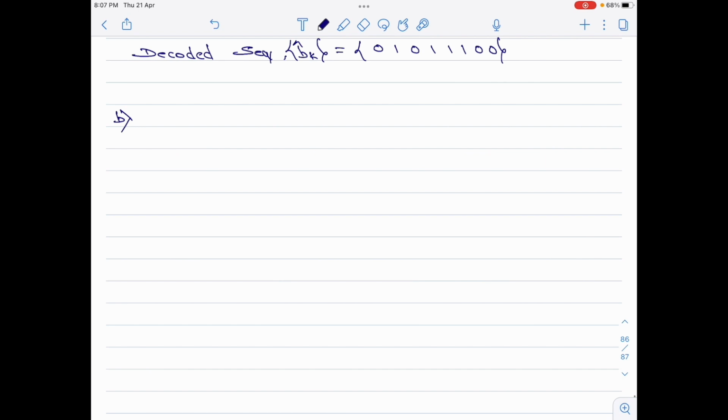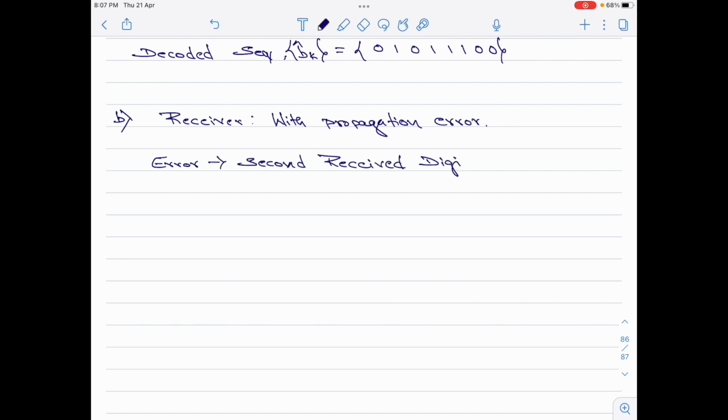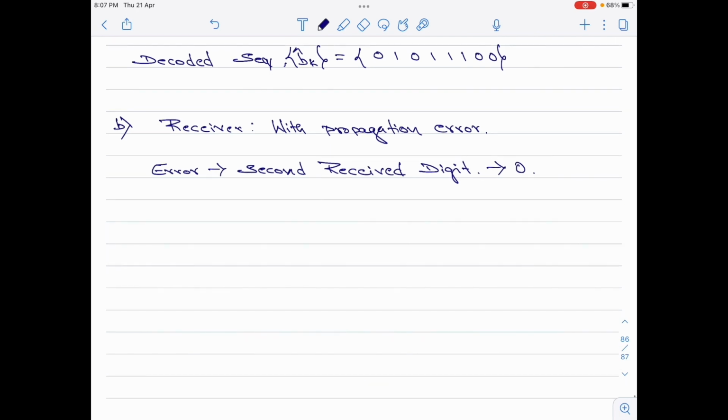So, here I will write receiver with propagation error. We are told that the second received digit is an error, and we are told this is actually 0. So, let me now rewrite the received sequence.